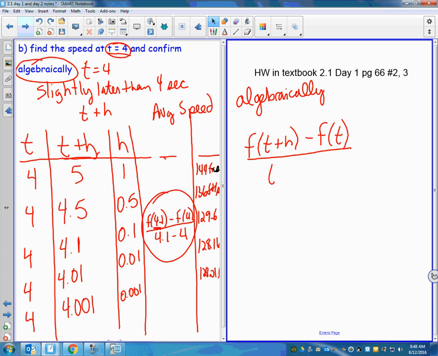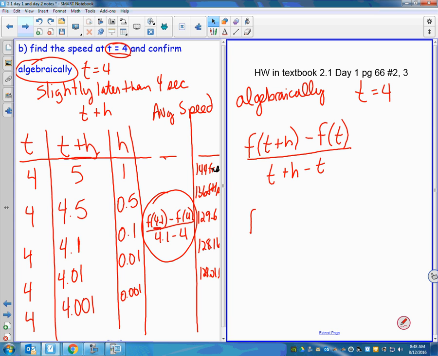So we could write that as t plus h minus t. That's the same as our average velocity formula, except instead of just putting the numbers in, we wrote it as the time t plus h and time t. Since we know we're looking at time equals 4, we could leave just t in here. It's going to work out the same way. Plug in t later. But we could go ahead and plug 4 in here if you want.